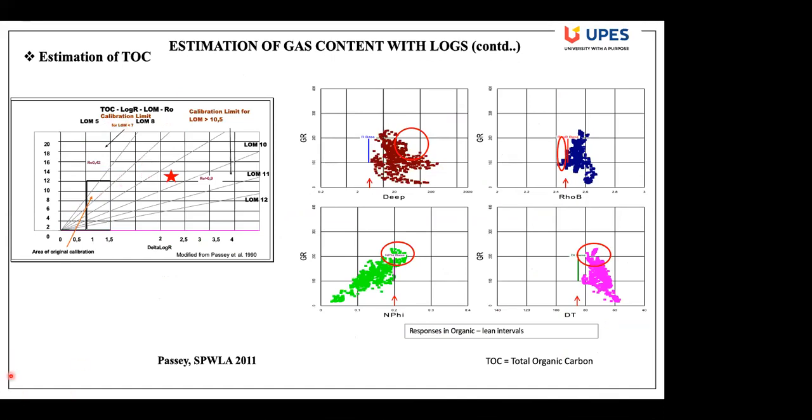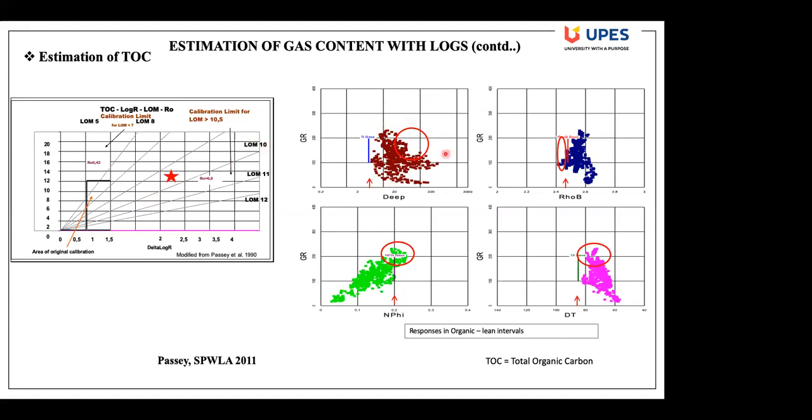As in equation 1, we said that you require the LOM value. How will you find it? That is found based on the delta log R value as well as the total organic carbon content value. This is the standard graph. Whatever value you get in your study area, you have to put in this standard graph, and you will get the LOM value.